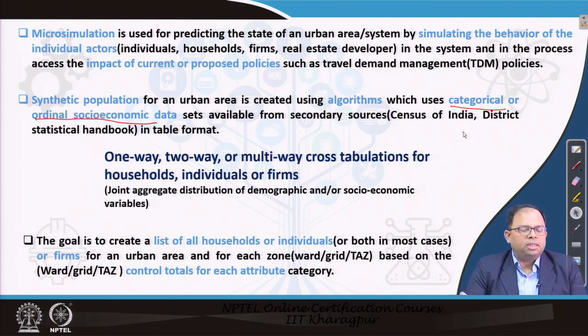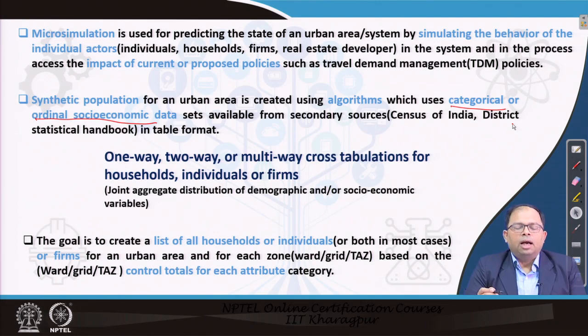This is used to create the synthetic population, and using these tables we can create different cross tabulation tables. It could be a one-way table with only one variable, or a two-way table where two variables are involved, or a multi-way table involving many variables and cross dependencies.